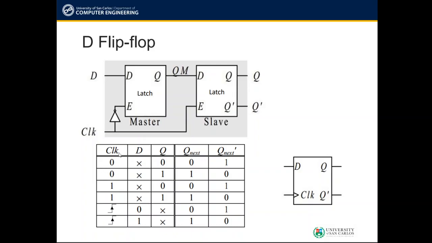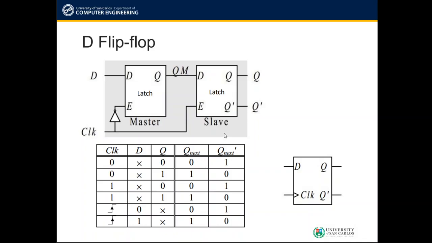When the clock is 0 or 1, whatever the value of the D input and the current state of the Q, the output Q next is 0 or 1 or whatever the value of your Q is.